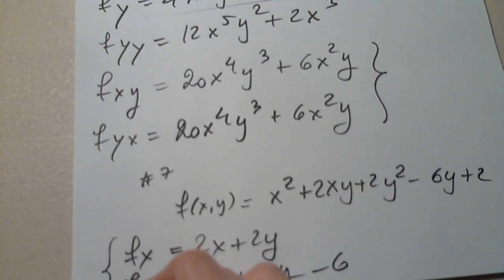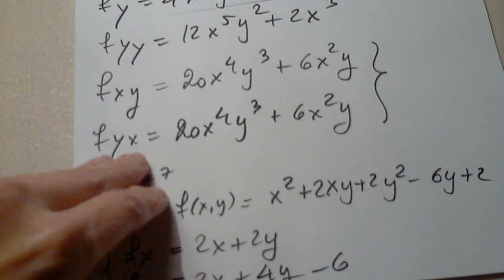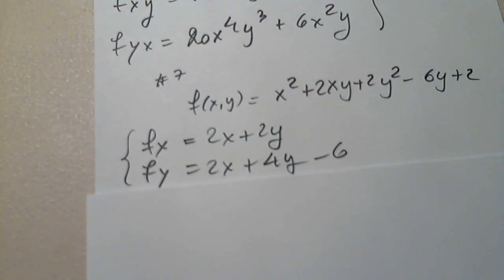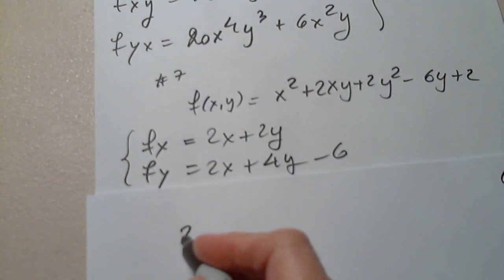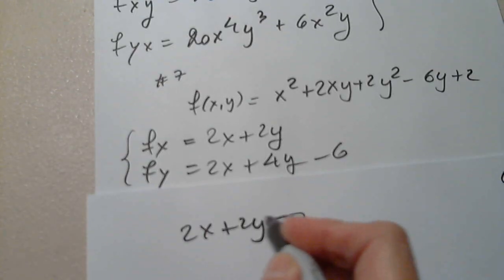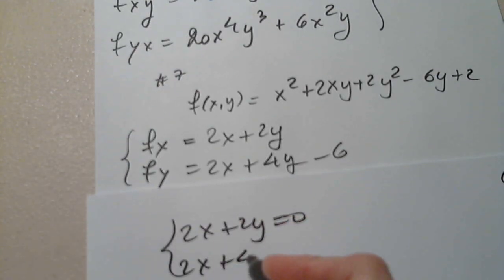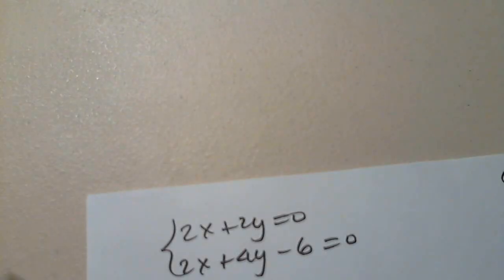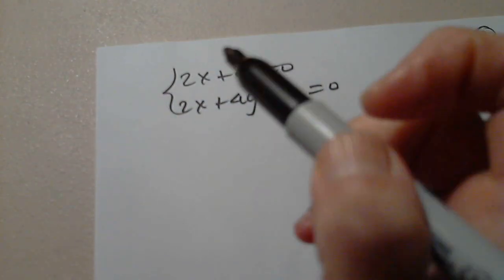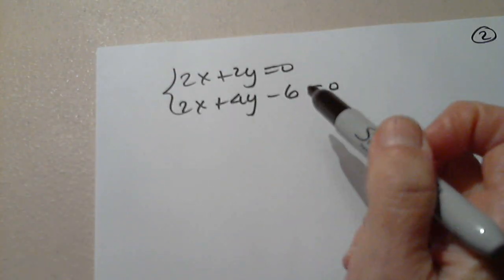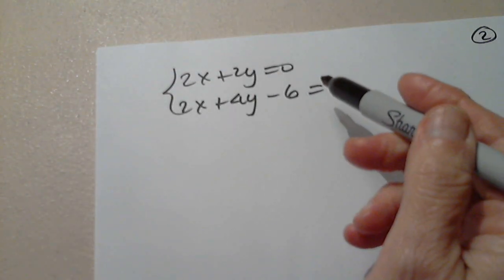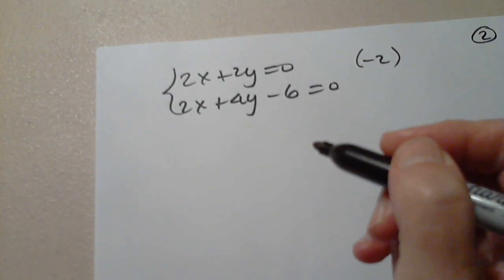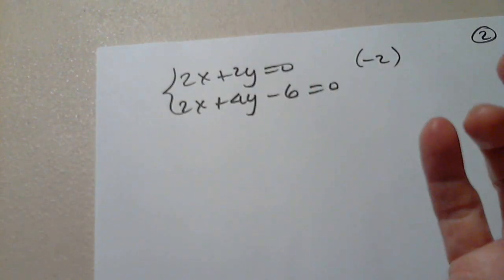Now with fx and fy, I have to create a system and set them equal to 0. So 2x plus 2y equals 0, and 2x plus 4y minus 6 equals 0. I think I will multiply the first one by -1.